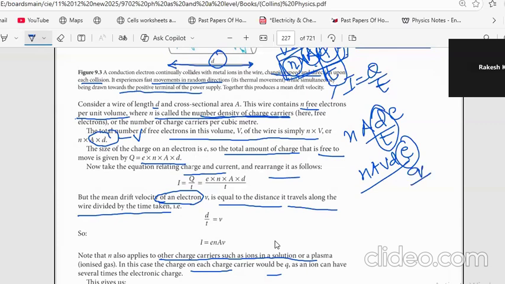So this is true everywhere because it's quite obvious, it's just the speed. Whatever the speed of the mobile carrier, the area is this, so all these terms then convert this formula to V is equal to IR, and then you can actually find the resistivity in terms of all this. I'll show you. Hold on.